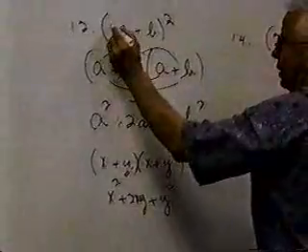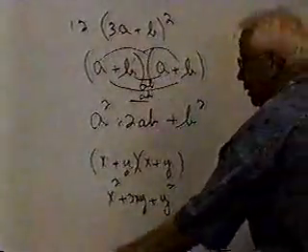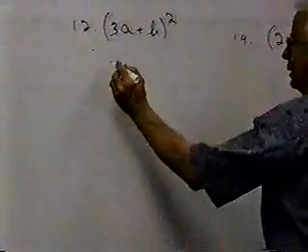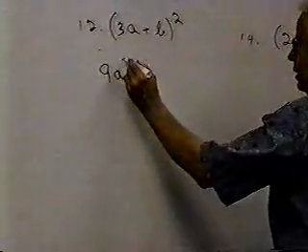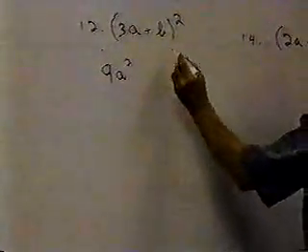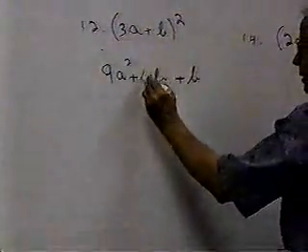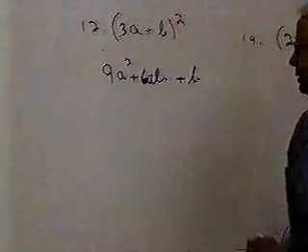If I had a 3 in here, then this would be 9a squared plus b squared, and then this times this is 3ab, double is 6. Okay? All right, let's go to 13.